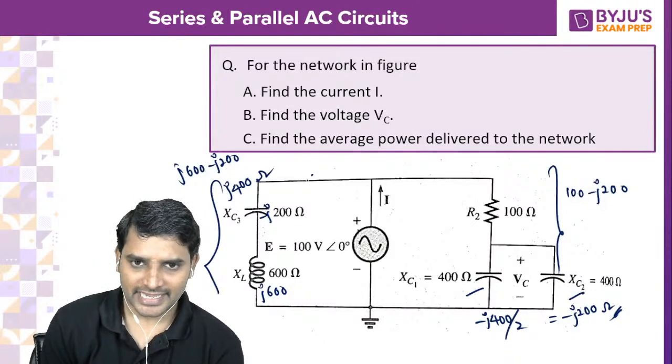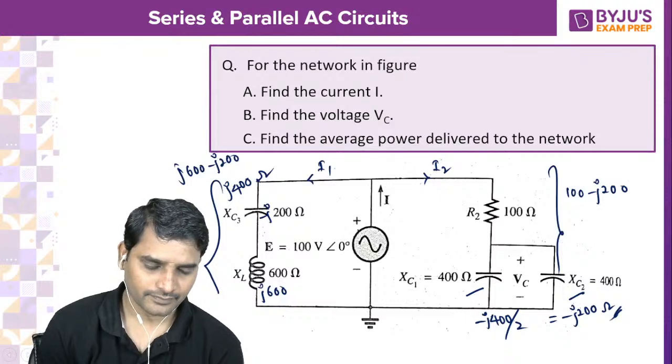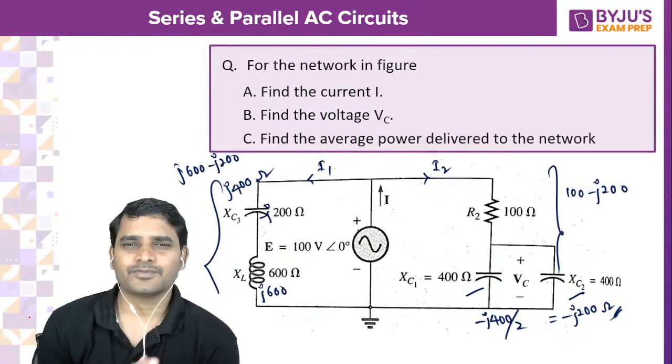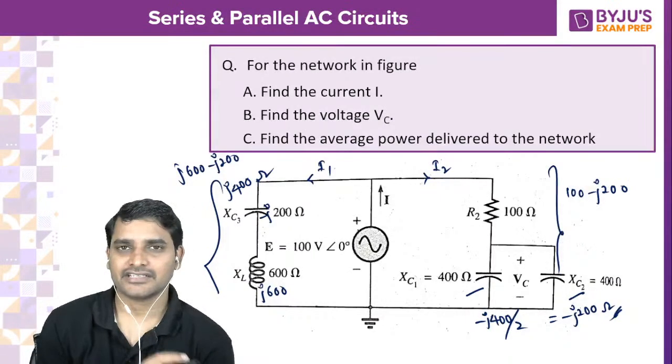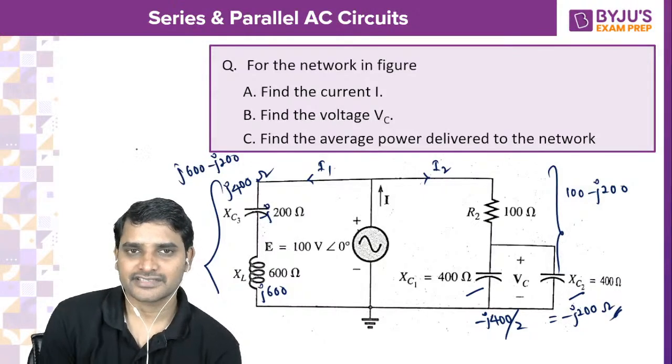Now you can calculate I1 and I2 easily, or otherwise you can take up total impedance. Anything is fine, it is your wish. Whatever way you are comfortable with. I think calculation of impedance is very easy.